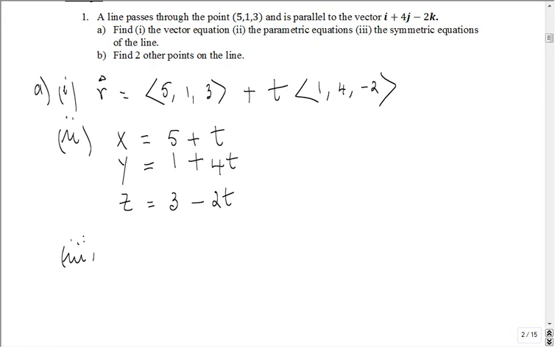So in the first one, t is x minus 5, equals, next equation, what is t? y minus 1 over 4, equals, last equation, what is t? z minus 3 divided by negative 2. So these are the symmetric equations. Any questions?